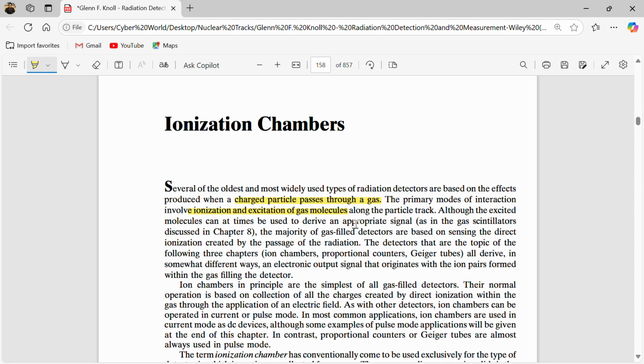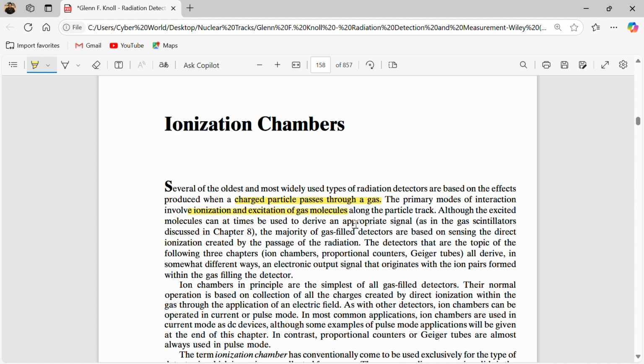The majority of gas-filled detectors are based on sensing the direct ionization created by the passage of the radiation. Mostly we detect the primary ionization.